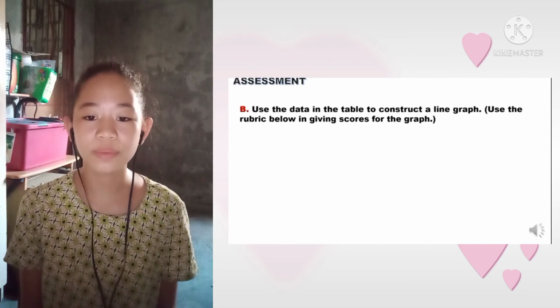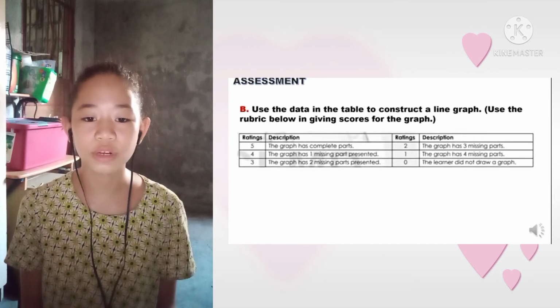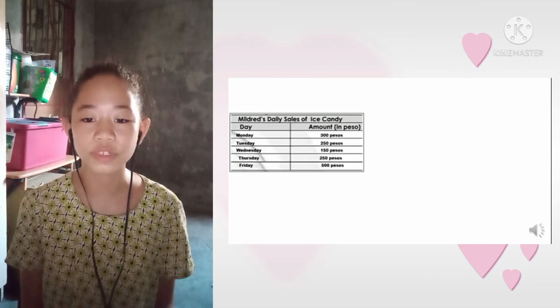Using the given data, organize them in tabular form. Using the data in the table, construct a line graph using the rubric below in giving a score for the graph.